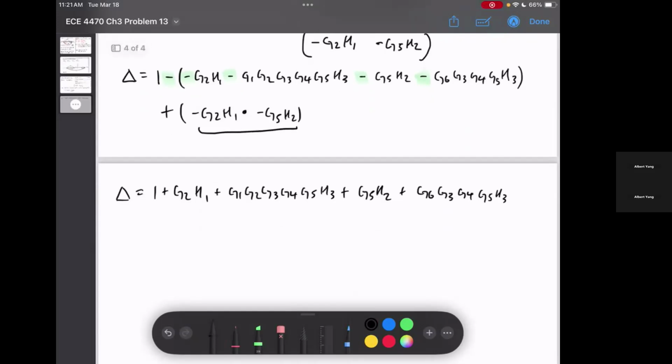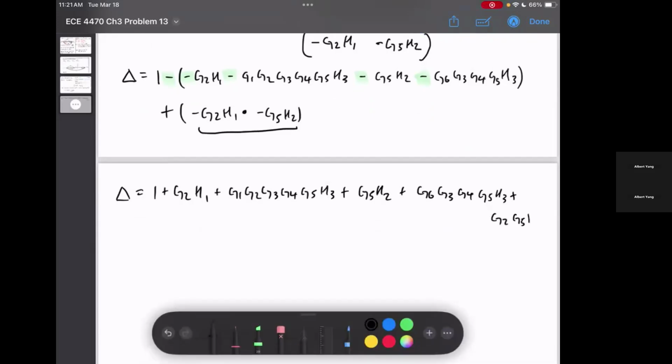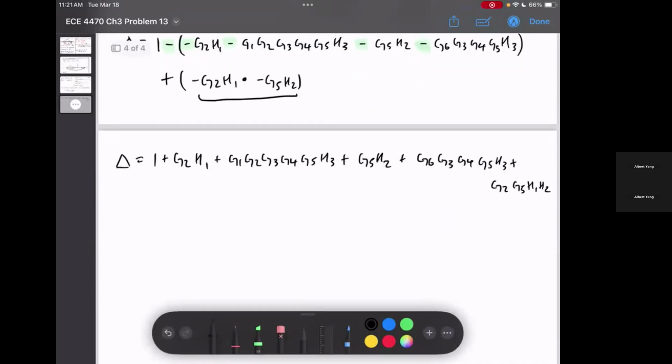It would just be plus G2 G5 H1 H2. And then this should be our determinant for all the parts to come.